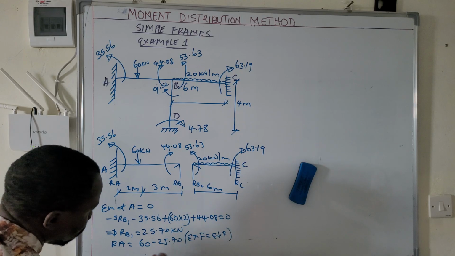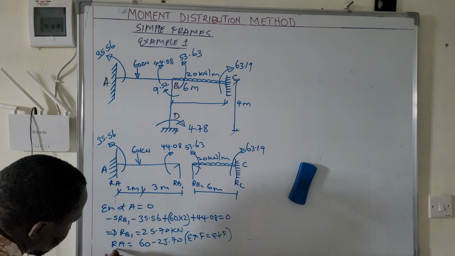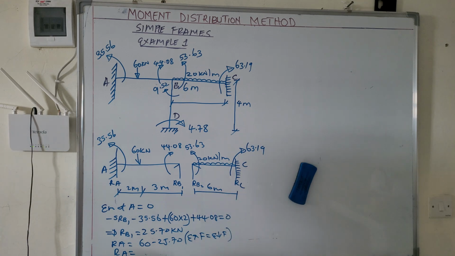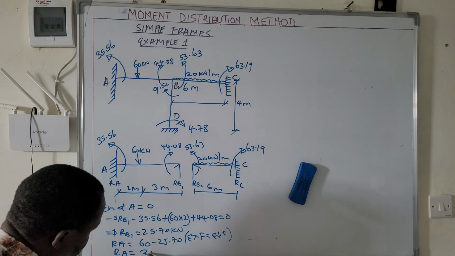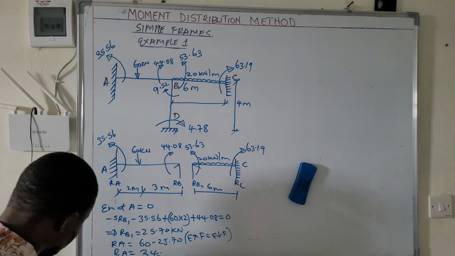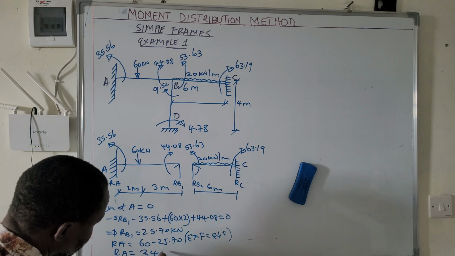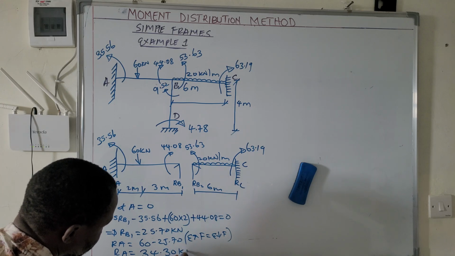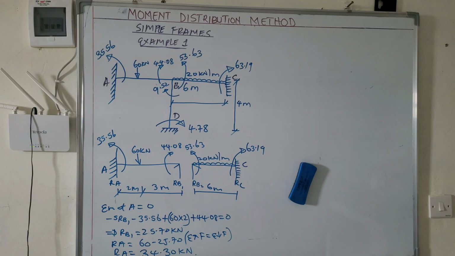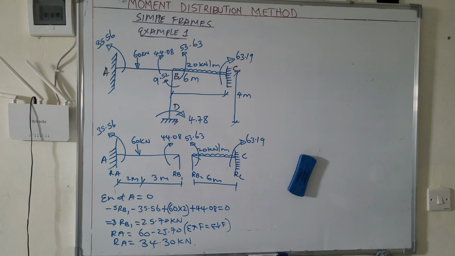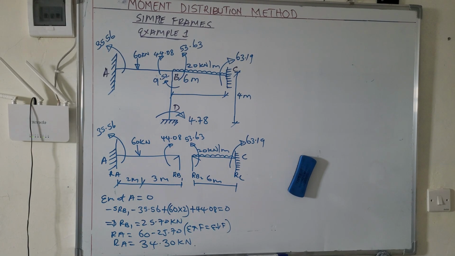That is the reason. So RA is equal to 34.30 kilonewton. So we proceed to this portion.